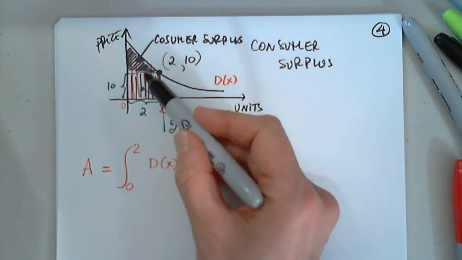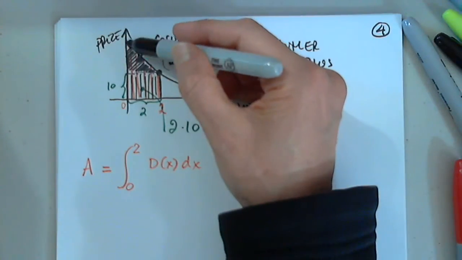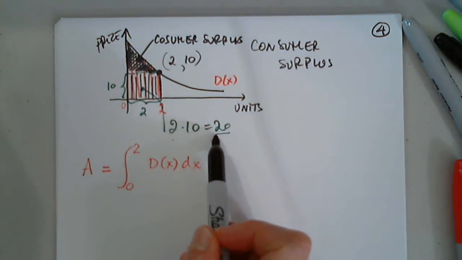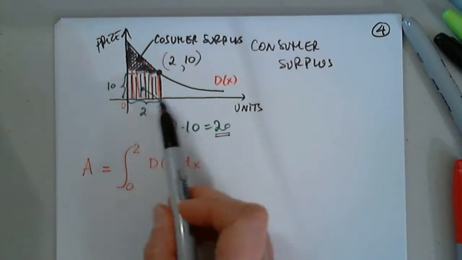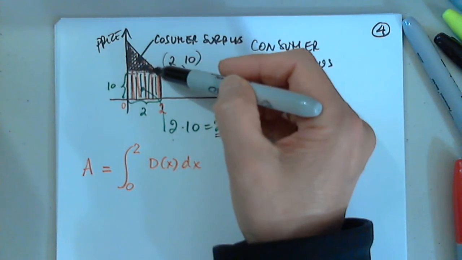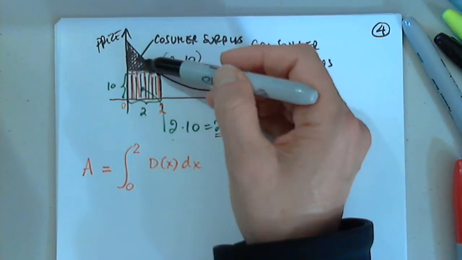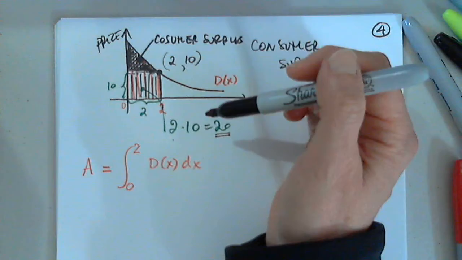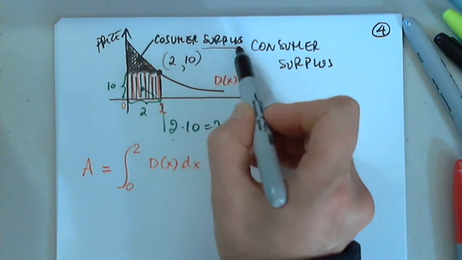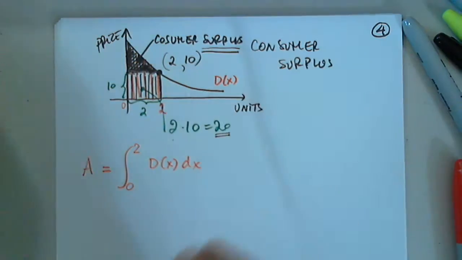So for 2 units, we're paying $10 each, but we're really getting a little bit extra. Although we only paid a total of $20 for these 2 units, we are getting some extra value, maybe for the product that we are purchasing. So this is our added value.